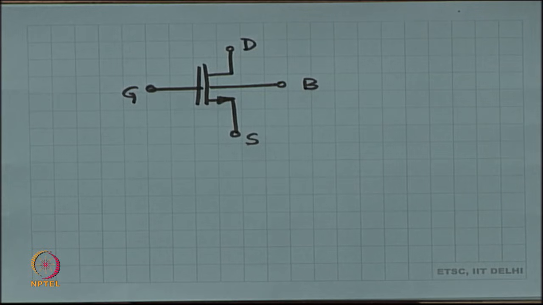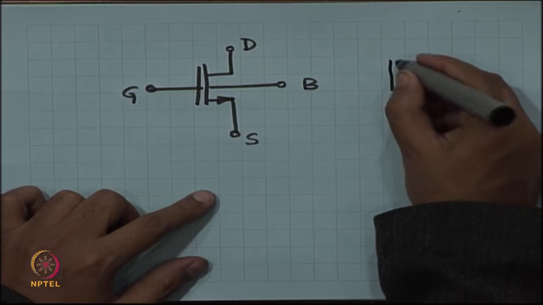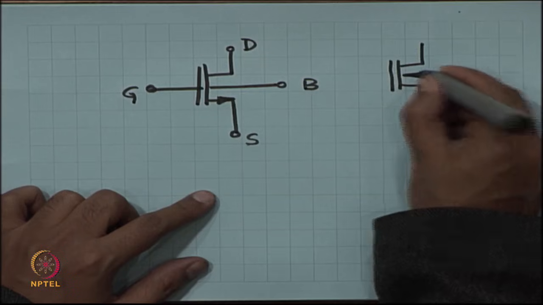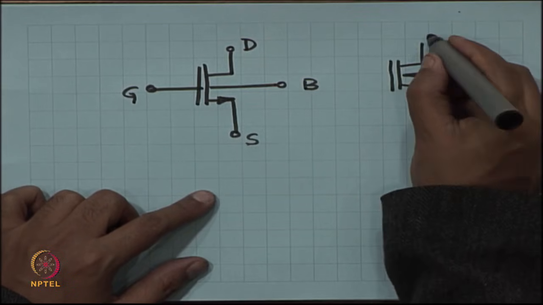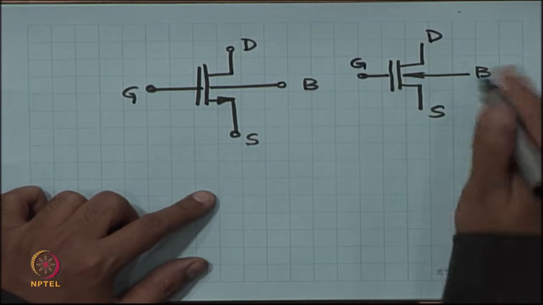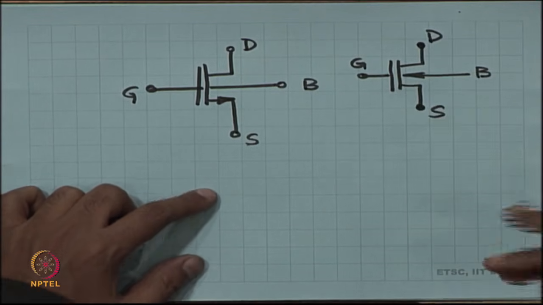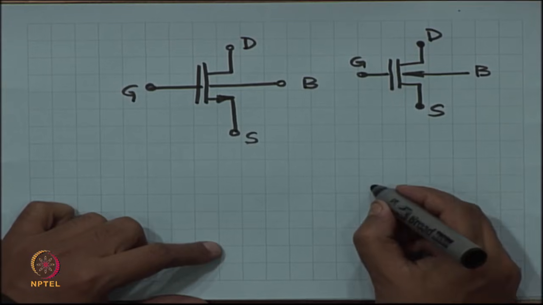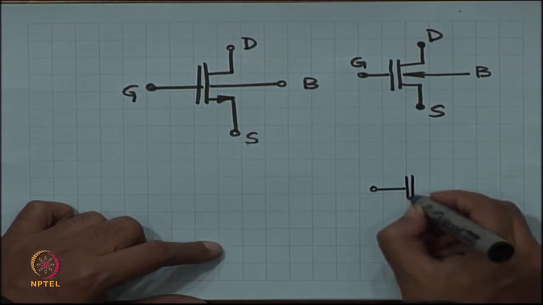So, one possible symbol is just like this, another way is to put an arrow, but once again over here, because there is no clear identification which is drain, which is source, this device is probably being used as a switch. In case of the PMOS device, this is N channel. In case of the P channel device, the symbol is opposite.